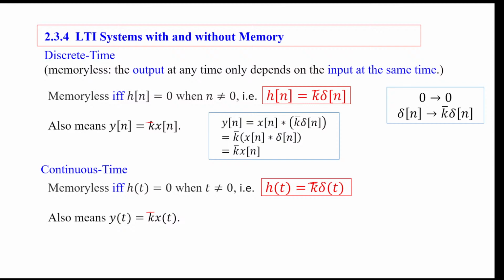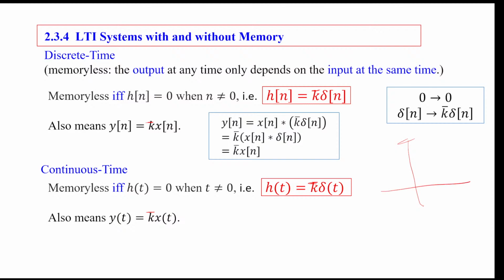Okay, and so it's memoryless if and only if h[n] is 0 when n is not equal to 0, which means that h[n] is a constant multiple of delta[n].